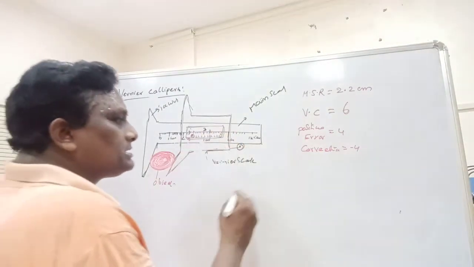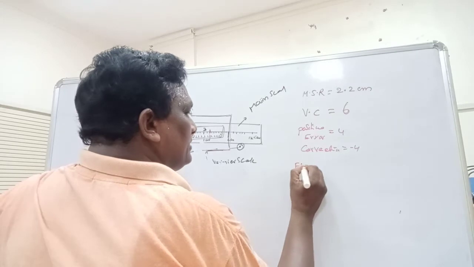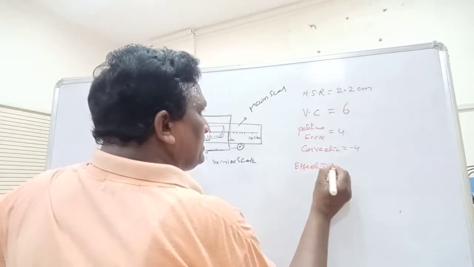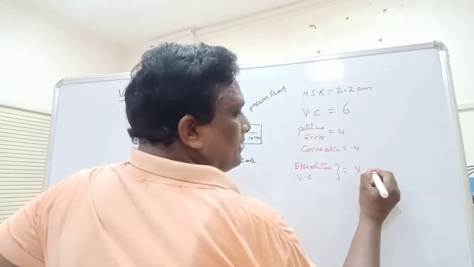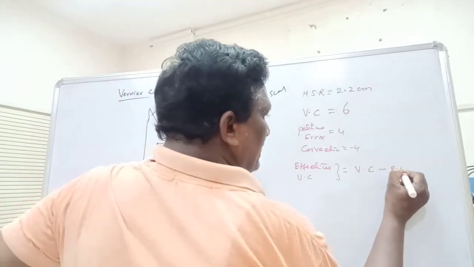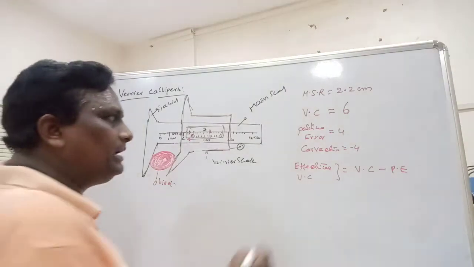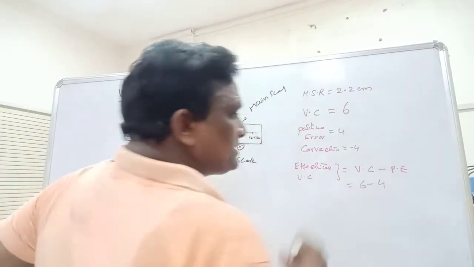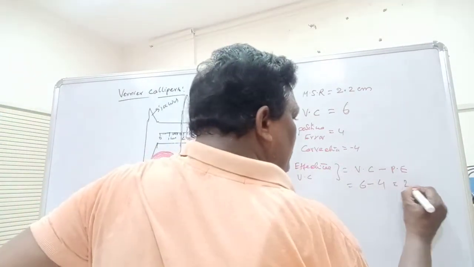So in this case, effective Vernier coincidence is equal to Vernier coincidence minus positive error. Minus positive error means this is 6 minus 4. Correction is negative, no? So effective Vernier coincidence you have to take is 2.